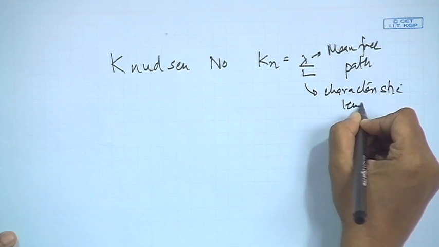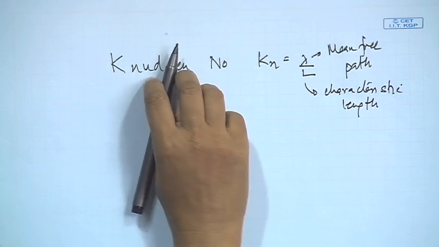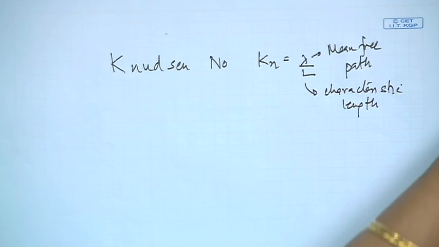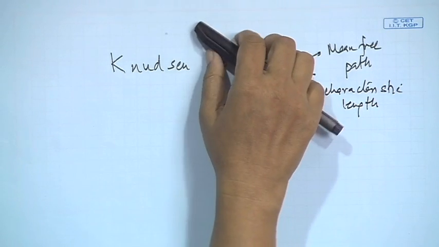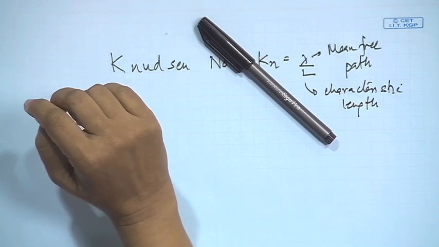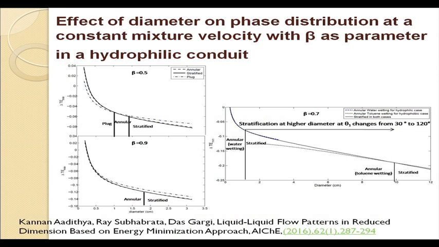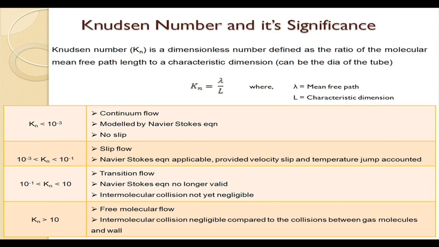Based on this value of Knudsen number, micro effects in gas flows appear, and as a result the normal equations for macro systems cannot be used.